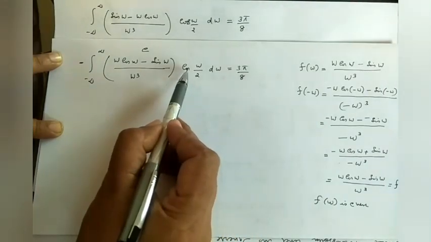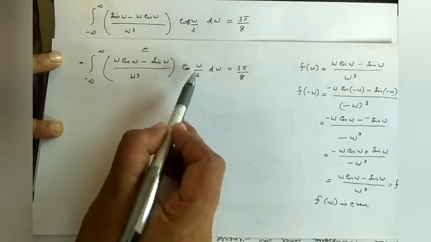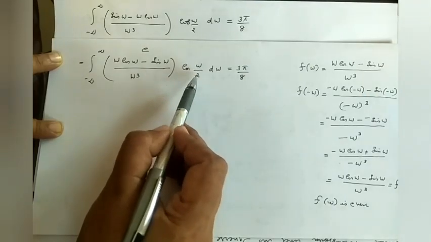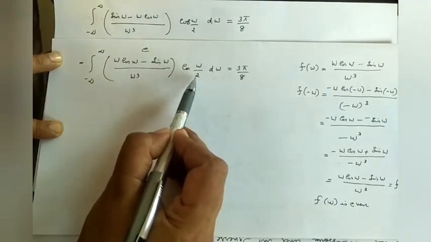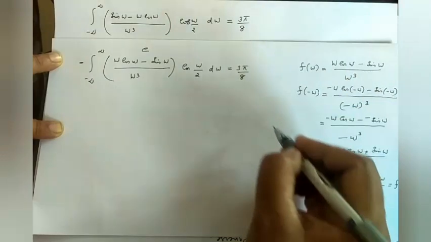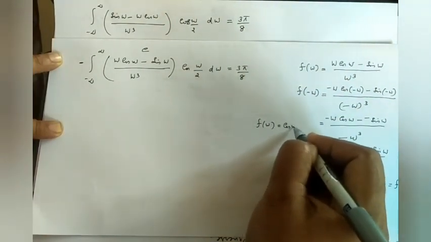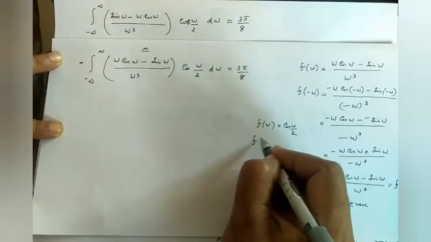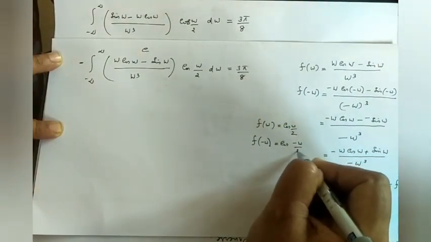Now here the second function is cos of omega by 2. We know that cos of minus theta is cos theta. Therefore, cos of minus omega by 2 is again, I am writing, if you have any doubt, I am writing here, cos omega by 2. F of minus omega is cos of minus omega by 2.